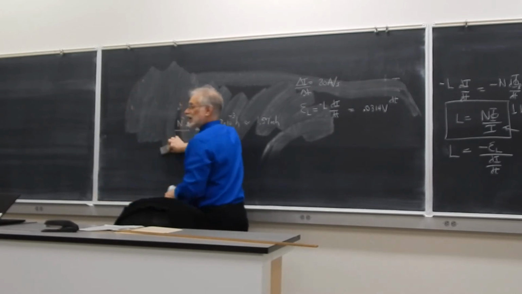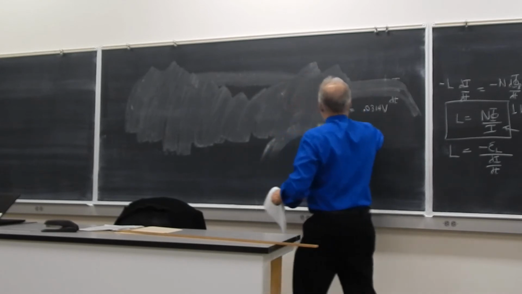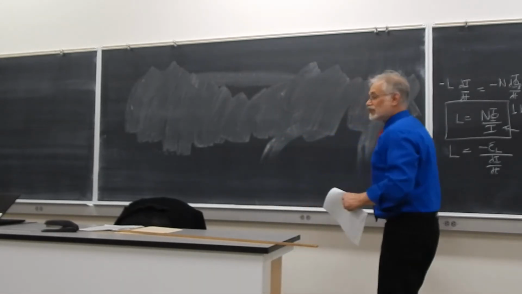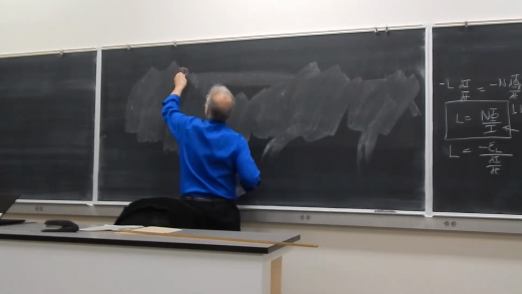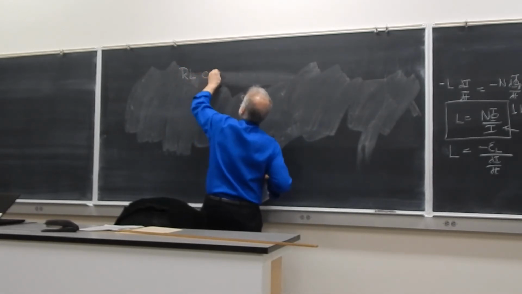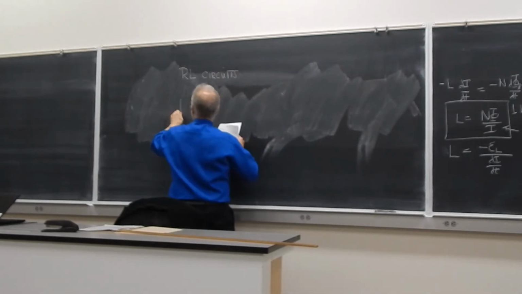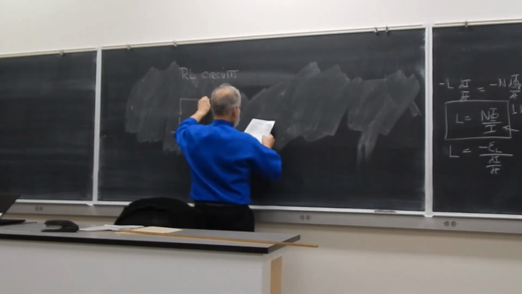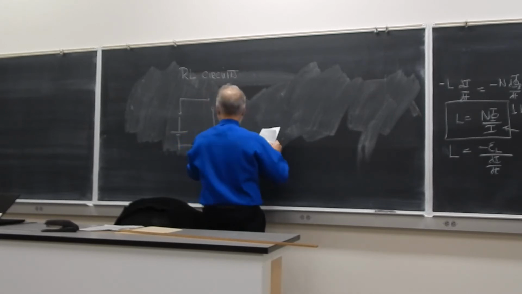Another interesting aspect of inductors is, let's look at a circuit that has a real inductor in it. In this case, we'll talk about RL circuits, that is to say, circuits that have resistors and inductors. So in this case, we have a configuration like so. It's a little bit more complicated than normal, but let's see how it plays out.